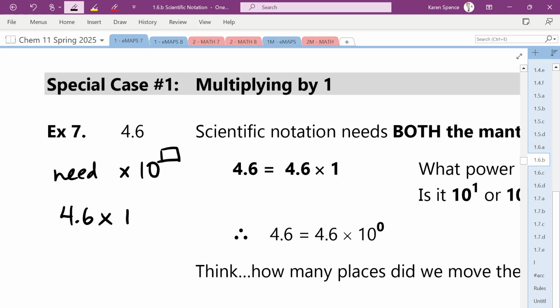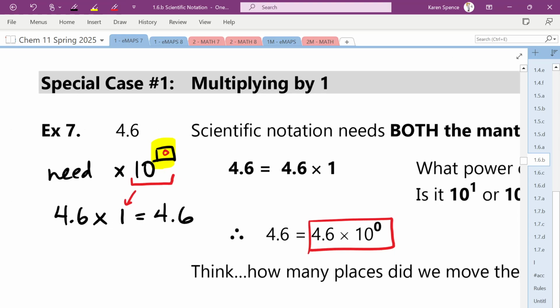Because that's going to be 4.6. So what power can we make our 10 so that the power of 10 equals 1? That has to be a 0.